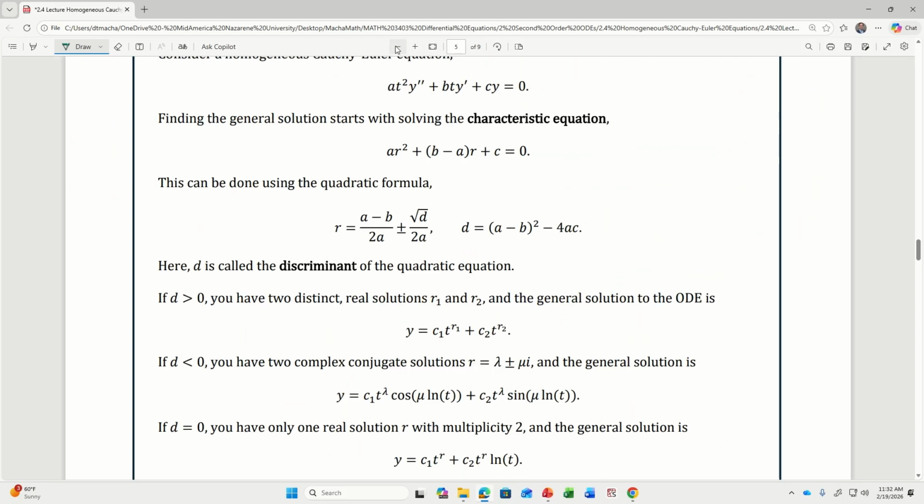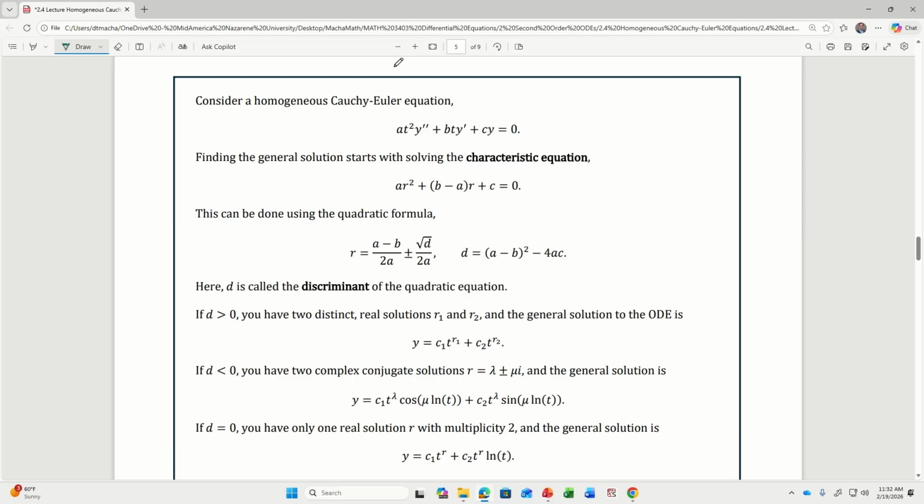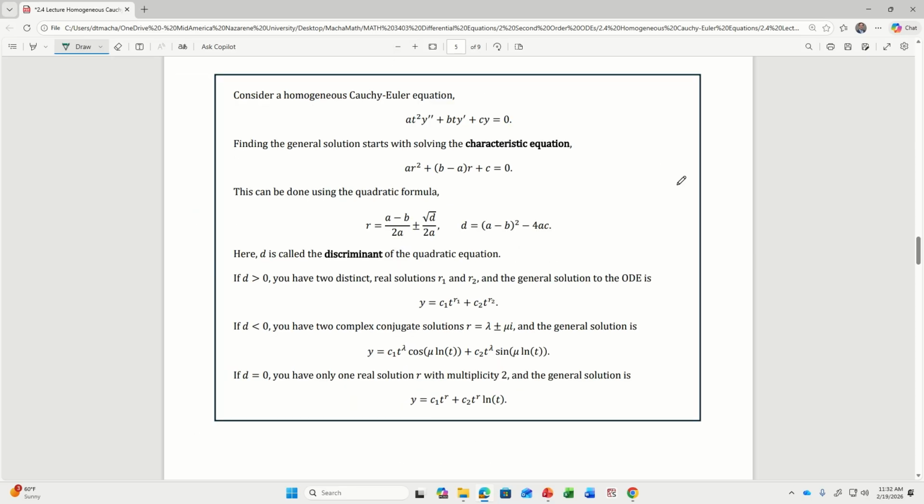So I'm giving you a handout that summarizes what you're supposed to know. Your three cases are positive discriminant, two distinct real solutions; negative discriminant, two complex conjugate solutions; and discriminant equal to 0, only one real solution. And you've got those three forms that the general solution to your ODE has to take.